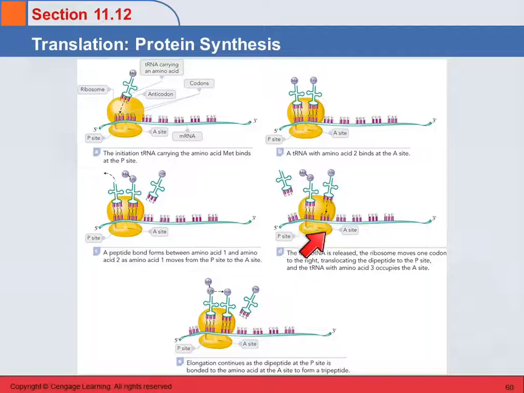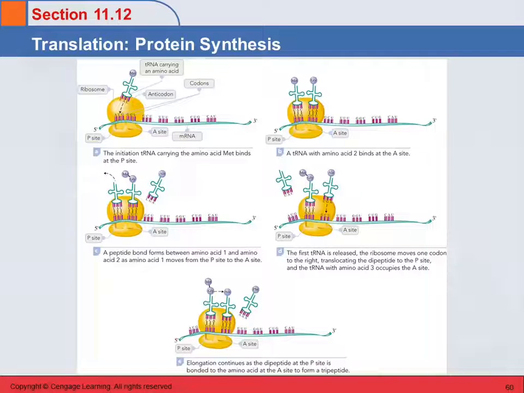This site, the A site, is open, and so the next tRNA comes in, positioning these 2 amino acids next to each other, like this, and the enzyme forms a bond between them. And then this guy is freed from the dipeptide. He leaves, and the whole thing goes over and over and over again.